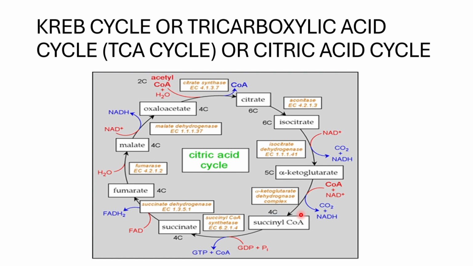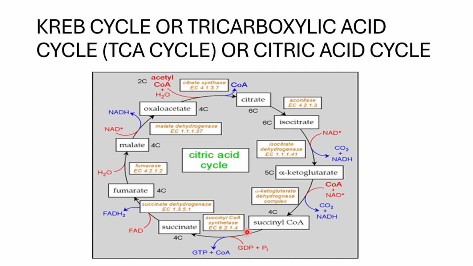So now here, from succinyl-CoA to succinate, we are going to synthesize succinate. You get it? And here it involves GDP to GTP. So it's more of a use of energy.